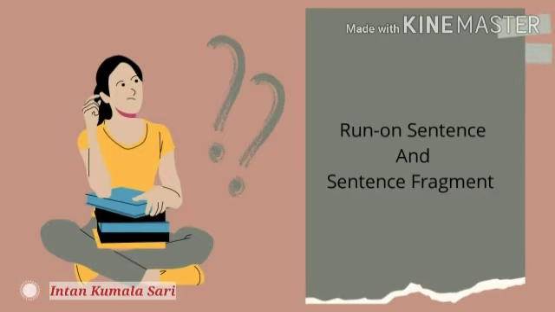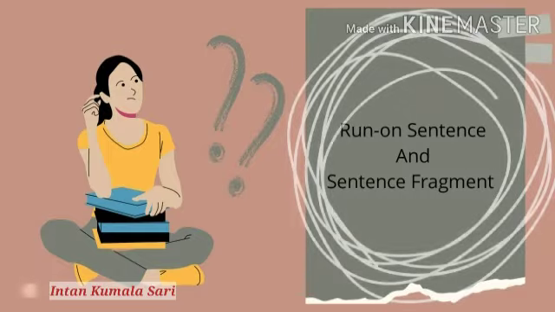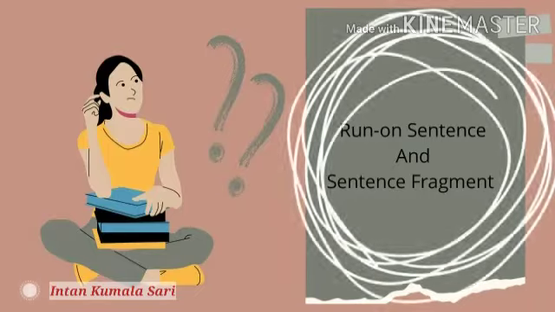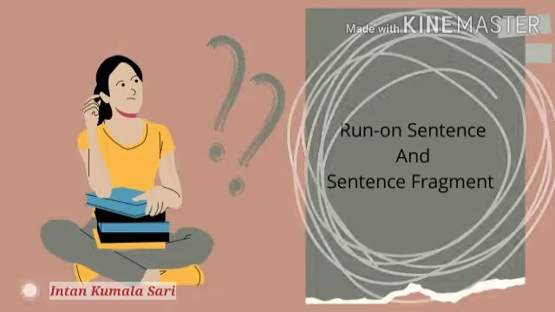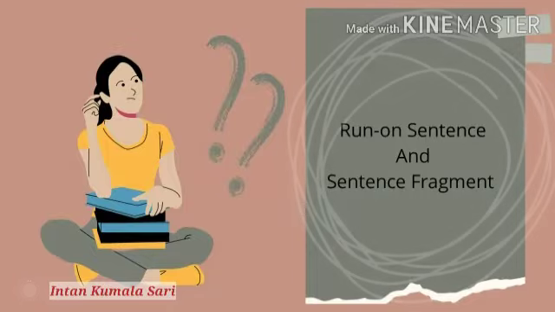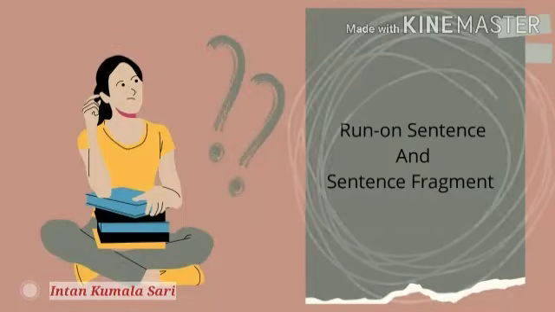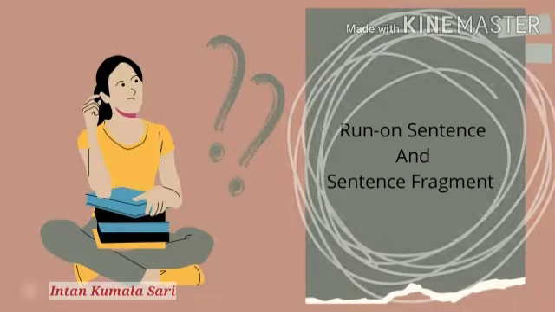Next material is about run-on sentences. It is a sentence consisting of two or more independent clauses but not connected properly. Run-on sentences should be corrected or avoided so that the reader can better understand the author's idea. And the next is sentence fragment.